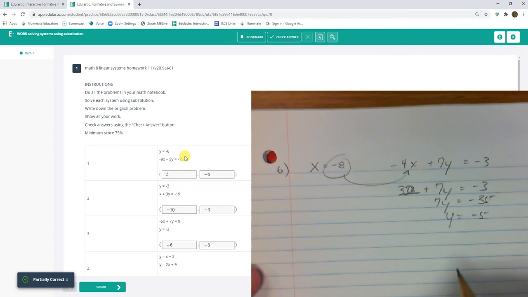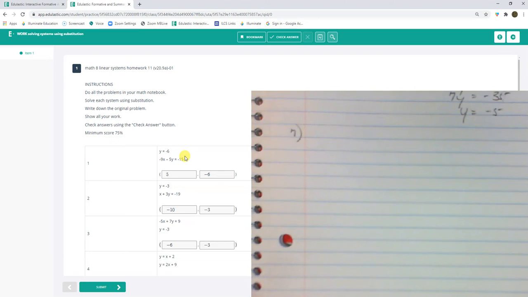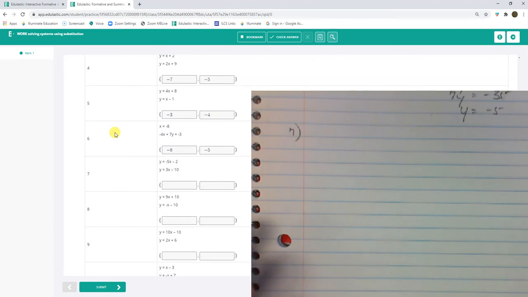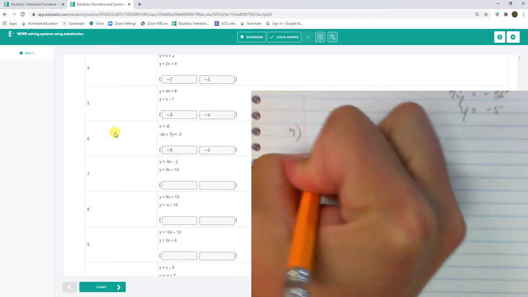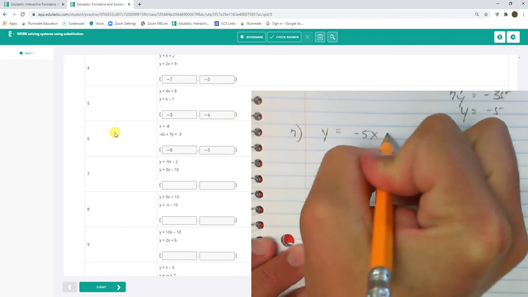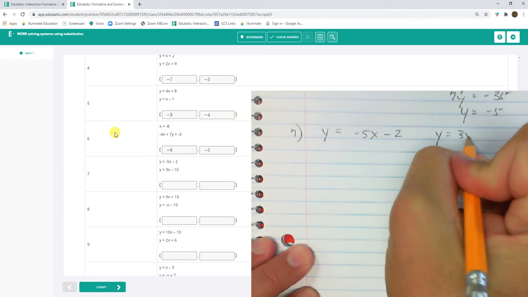Number 7. y equals -5x minus 2. y equals 3x minus 10.